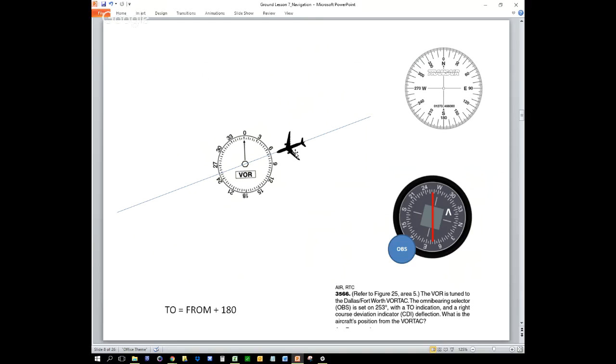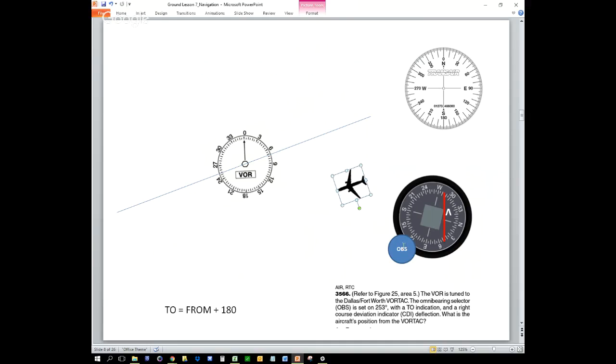Well, you know what typically will happen is if you're way out here and way off course, you'll ask air traffic control, or well, it doesn't have to be air traffic control. If you're just flying by yourself, VFR without being on a flight plan, you could simply just go direct to the VOR by turning your course, your OBS, and centering the needle.